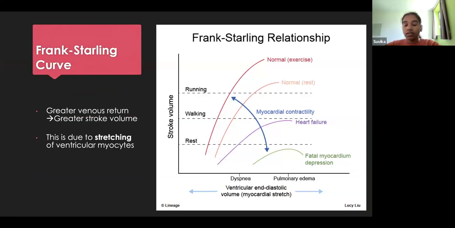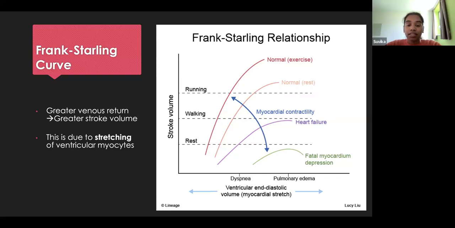And looking at a diagrammatic version of the Frank-Starling law, what they're showing here is the amount of stretch in your ventricles. So it's the amount of stretch at the end of diastole, because that's essentially when you have just relaxed and you're almost going to contract the heart.